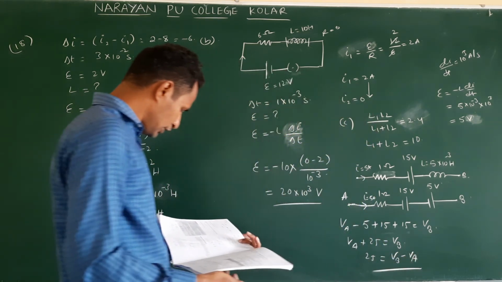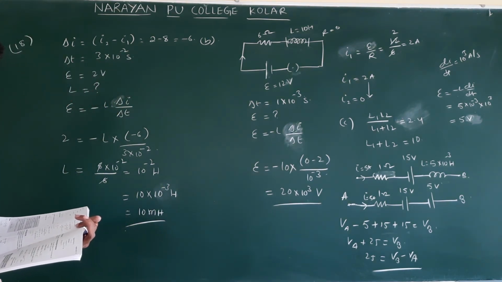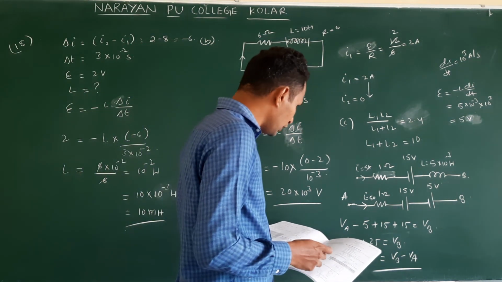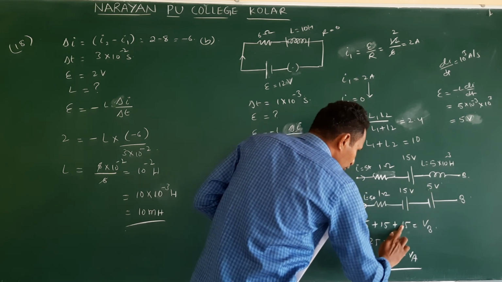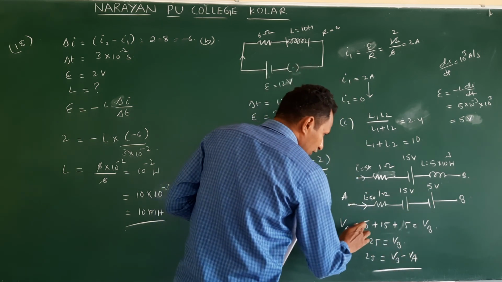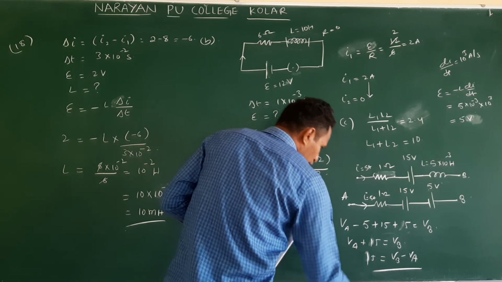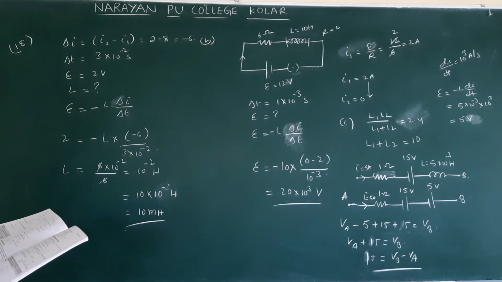Answer is 25. Yes. Answer is given as 15 volt. This is 1 ohm, 15. Here I wrote 5. Instead of 5, I have taken 15. Only 5 means this will be cancelled. You will get 15. So VB minus VA is 15 volt.